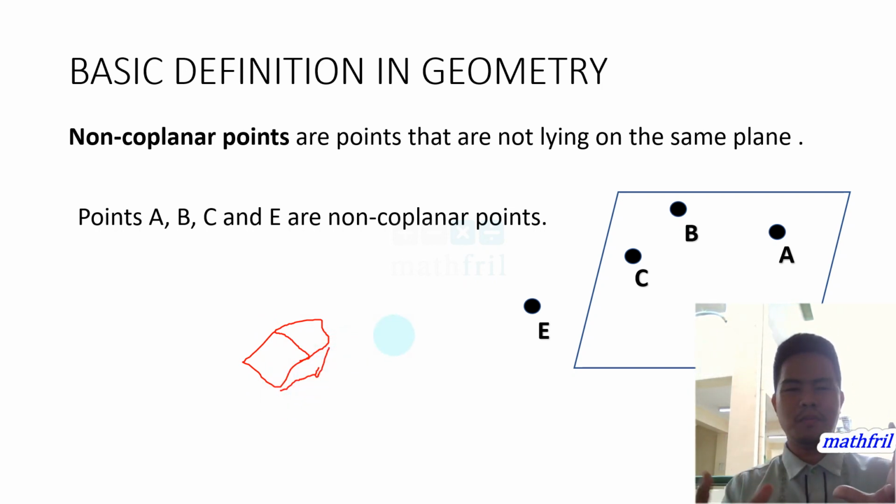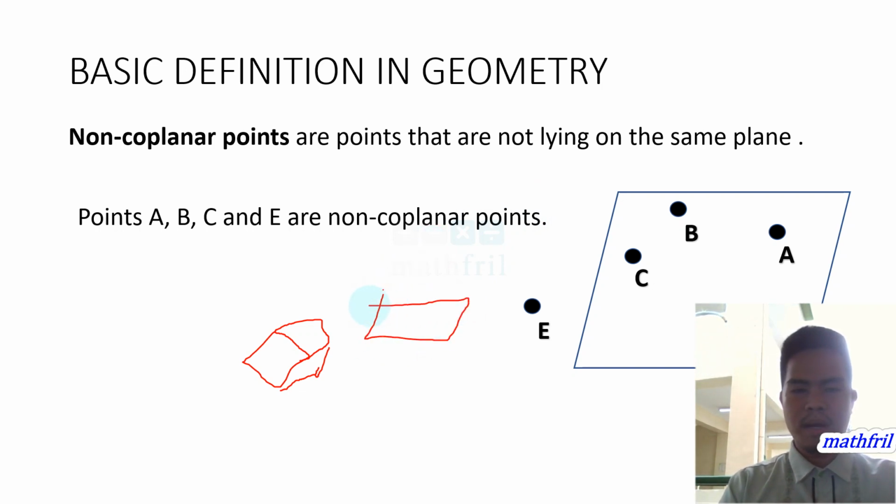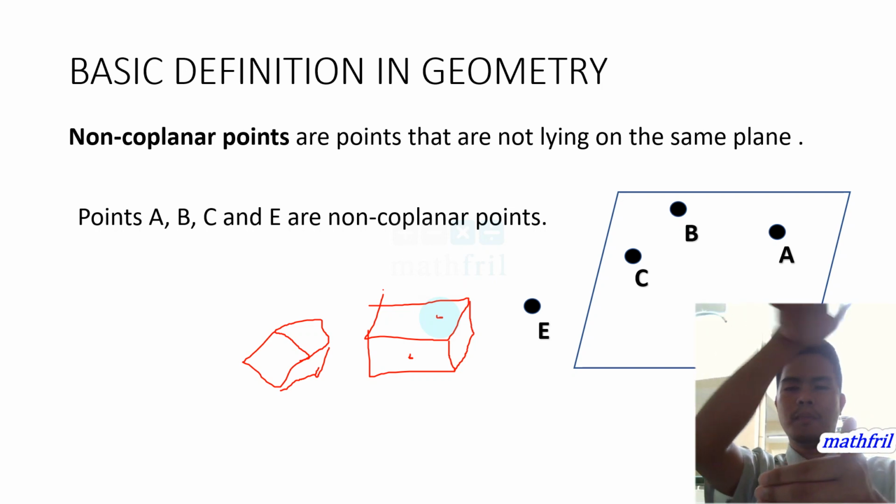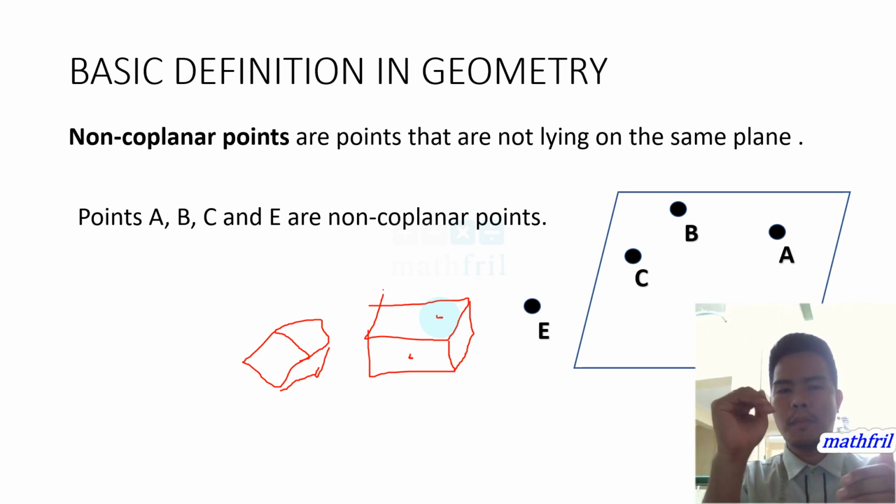If you have a Rubik's cube, there are points that are not on the same plane, which means if you have a box, there are points on the front, and there are also points above the box. So non-coplanar points: one plane and another plane above. Non-coplanar, not the same plane.